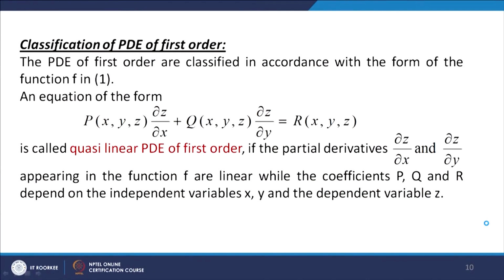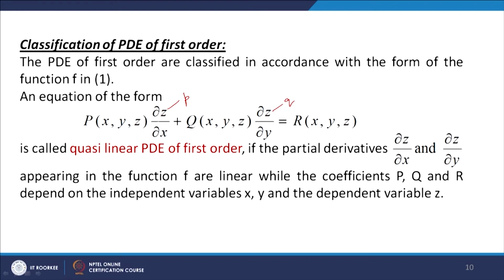Okay. So if the first order PDE is of this form, P(x, y, z) into p, plus Q(x, y, z) into q equal to R(x, y, z), then such a partial differential equation of first order is called a Cauchy linear PDE of first order. Here the coefficients of small p and small q can be functions of x, y, z, and the right hand side R(x, y, z), which is free from p and q, can also be a function of x, y, z.